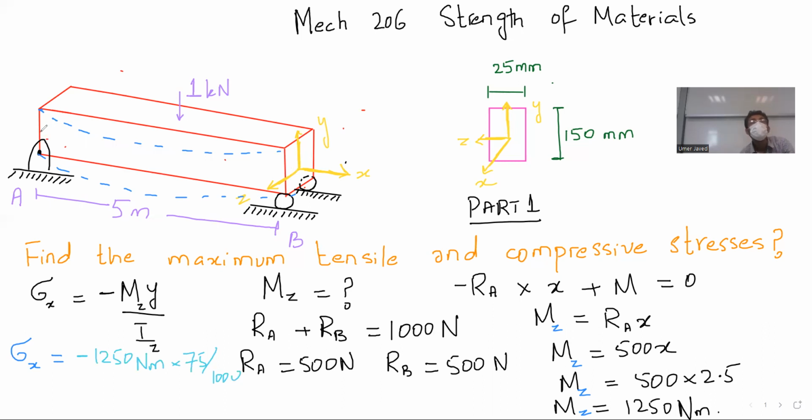Because if the neutral fiber is this fiber, then the farther you go from that fiber, the more stress you get. Divided by IZ. You do it yourself. Trust me, you can get confused in this step. There is a reason I'm making you do this. Give me the IZ. BH cubed by 12 is a formula from our high schools.